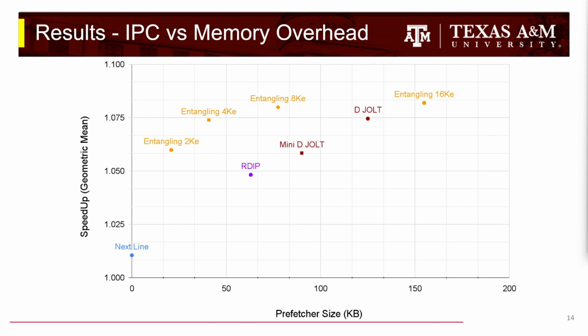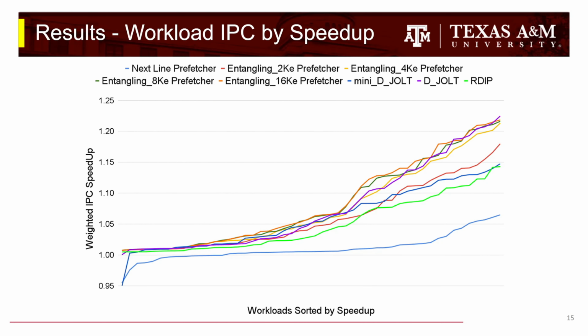Although the speedup of the next line prefetcher is low, the small size is great for reducing the code footprint of the prefetcher. This graph shows the IPC speedup of each workload in increasing order on all prefetchers. The 4K entangling prefetcher showed comparable performance compared to other entangling and state-of-the-art prefetchers, but the smaller size, as shown previously, makes it an ideal prefetcher for many workloads.